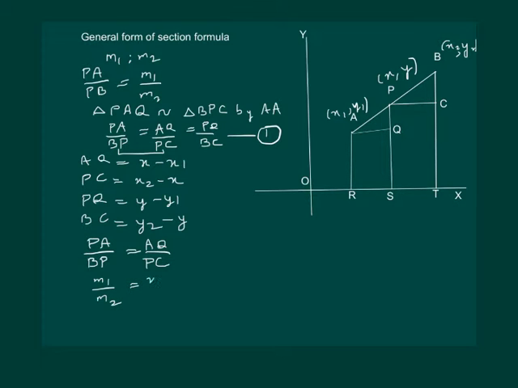AQ is x minus x1. PC is x2 minus x. Let us solve this further. This will give us m1 into x2 minus x equal to m2 into x minus x1. Open the brackets.